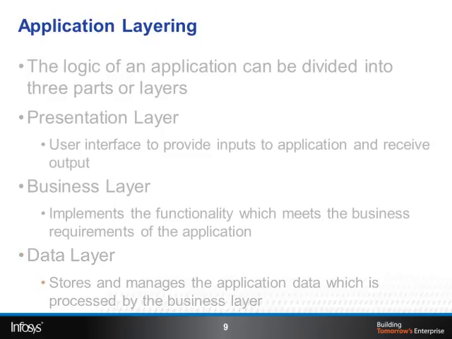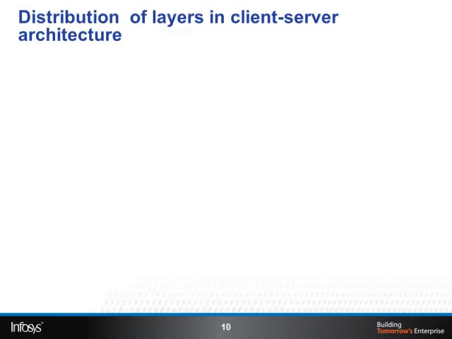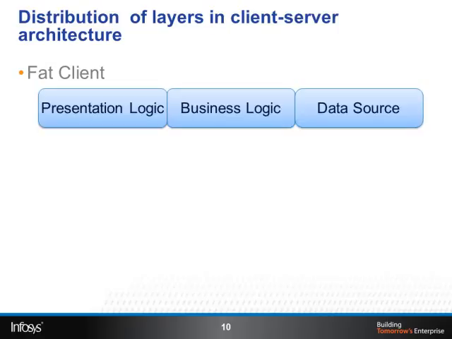Based on the distribution of the three layers of an application between client and server, we can have two types of clients. The first type is fat client, in which the client component contains the presentation layer and a bigger part of the business layer.